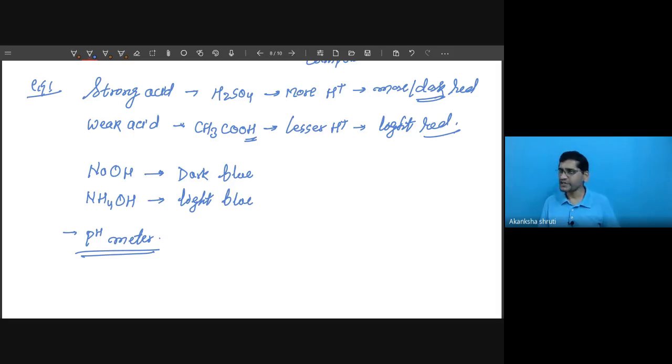So the pH meter is one of the universal indicators, though it is an electronic device that gives the pH of a solution or compound.